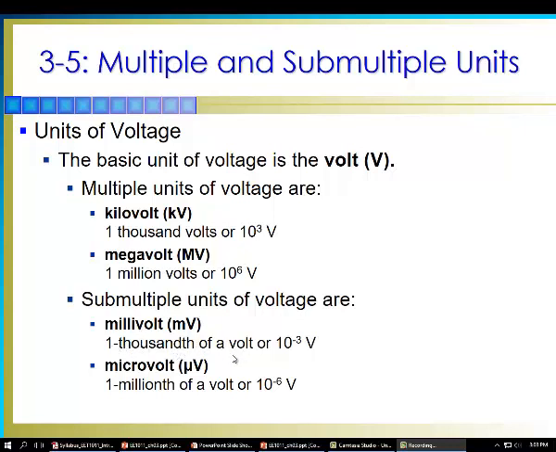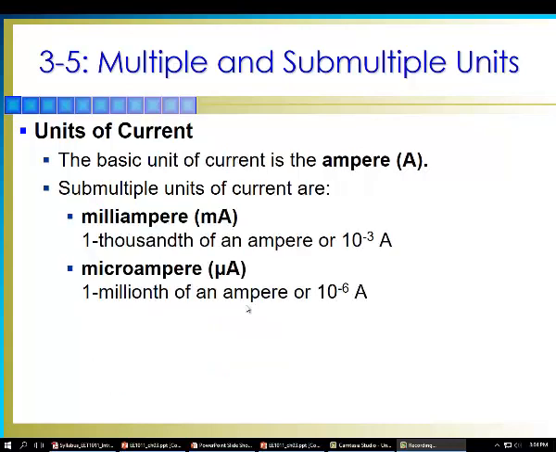So instead of writing 0.001 volt, we can put 1 times 10 to the minus 3 volts, which is the same as saying 1 millivolt, or 1 times 10 to the minus 6 for microvolts. That's the difference between multiples and submultiples. Multiples are for large amounts like kilo and mega, and submultiples are for very small amounts like millivolts and microvolts.